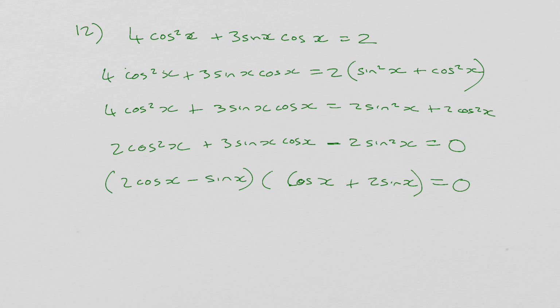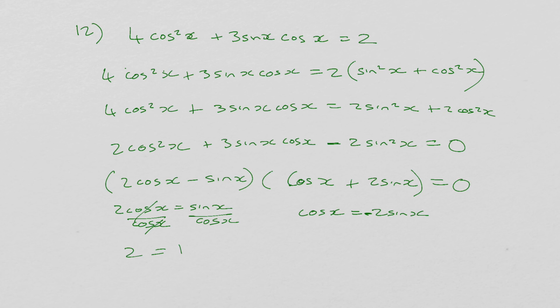Once you're at this point, we've got 2 cosine x equals sine x for that one. That is the same angle, we're going to use tan. And then we've got cosine x equals negative 2 sine x for that one. Same angle, we're going to use tan. So I'm going to divide this side by cosine x, that side by cosine x to make tan.